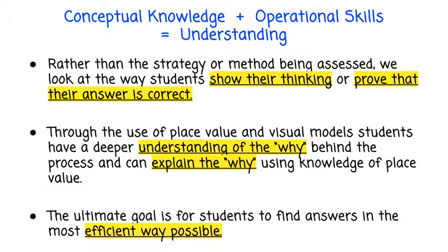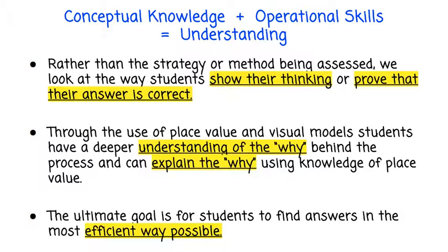Okay, now looking at conceptual knowledge and operational skills, we want students to be able to show their thinking and be able to prove that their answer is correct. Rather than assessing a certain strategy or method or algorithm to find the answer, students are given more freedom to select their own method, but then be able to show why they chose that method and how that worked to let them arrive at a correct answer.